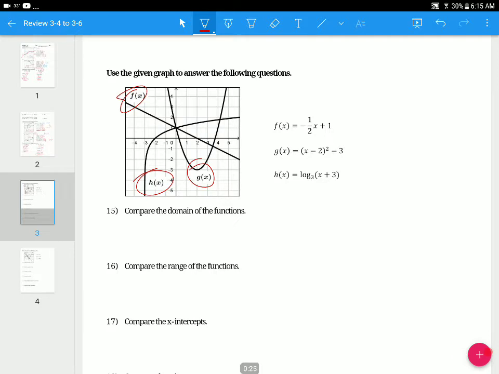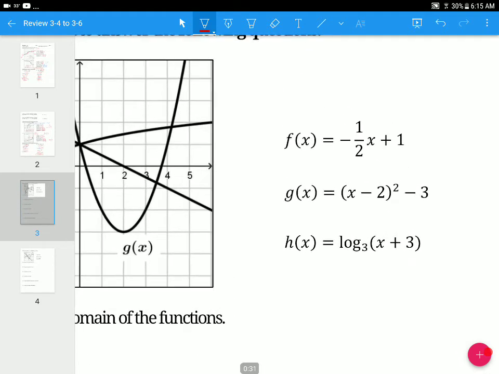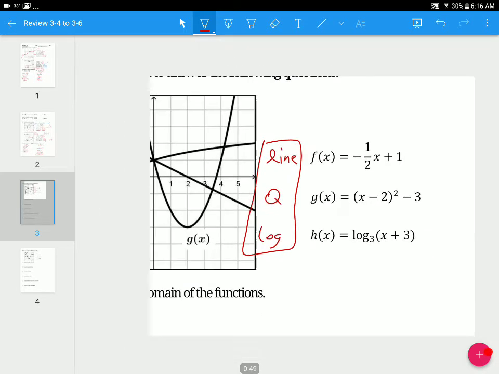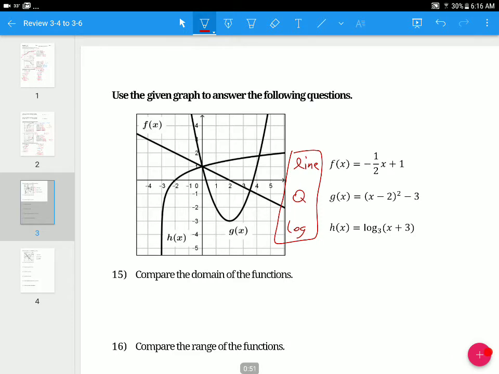The first thing I would do is make sure you know which one's which, and identify them with your chart. This is a line. This has the squared, so if you go through your chart, find the one with the square, that's a quadratic. This is the log, which is the hardest one to find. So these are the three charts you need to be referring to: the linear, the quadratic, and the logarithm.